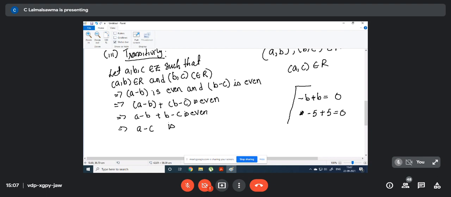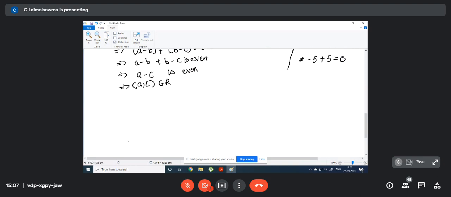Which means that a minus c is even, so (a, c) belongs to R. We start with (a, b) belongs to R and (b, c) belongs to R, and end with (a, c) belongs to R. Therefore, R is transitive. Since R is reflexive, symmetric, and transitive, therefore R is an equivalence relation.